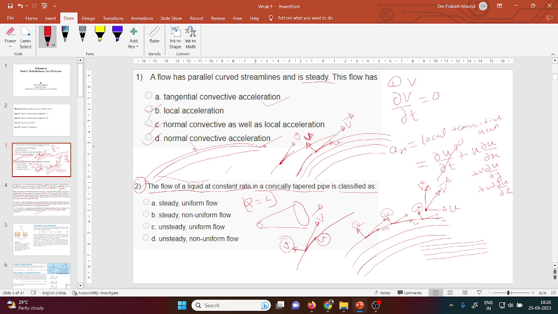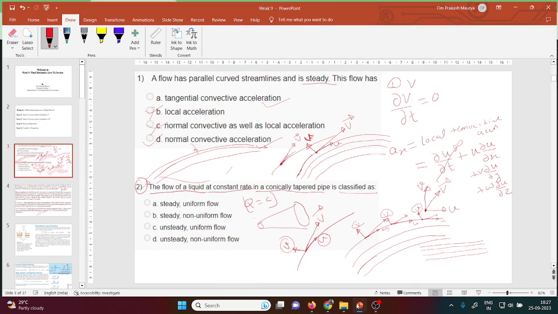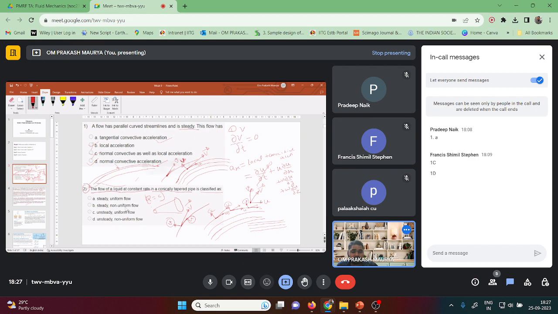Option A is steady uniform flow, option B is steady non-uniform flow, option C is unsteady uniform flow, and option D is unsteady non-uniform flow. As you have learned lots of things in fluid mechanics, please, based on that concept, write your answer in the chat box for question number 2.